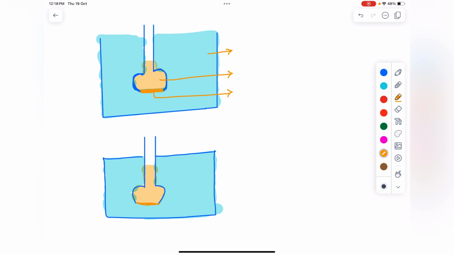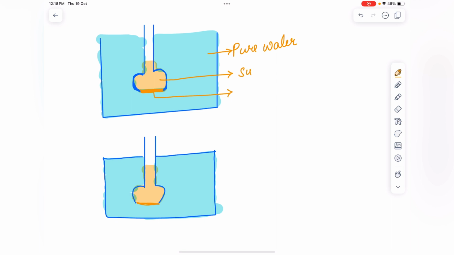This is pure water. This is a funnel in which sucrose solution is present, and this is pure water, and this is a selectively permeable membrane.